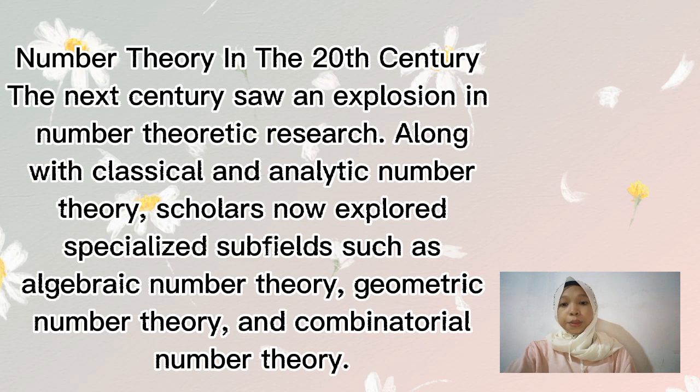A legendary figure in 20th century number theory was Paul Erdős, 1913 to 1996, a Hungarian genius known for his deep insight, his vast circle of collaborators, and his personal eccentricities.